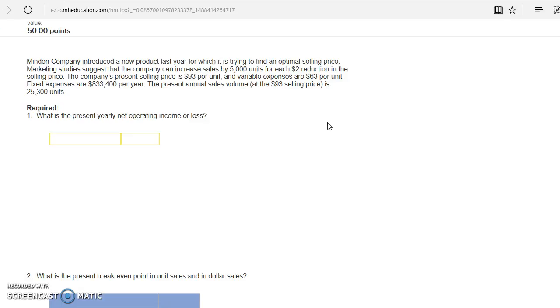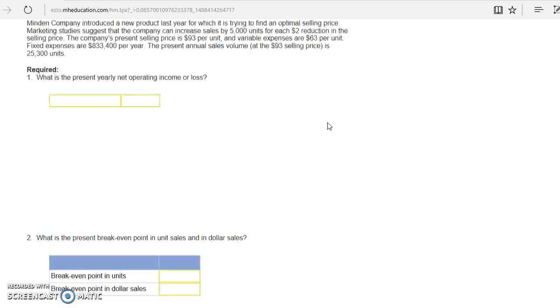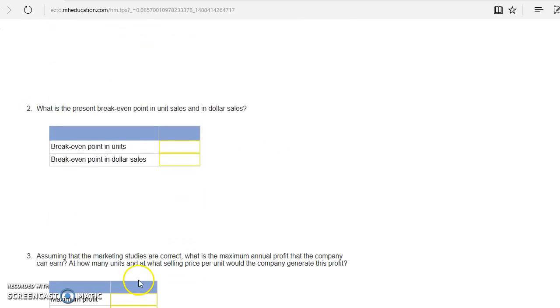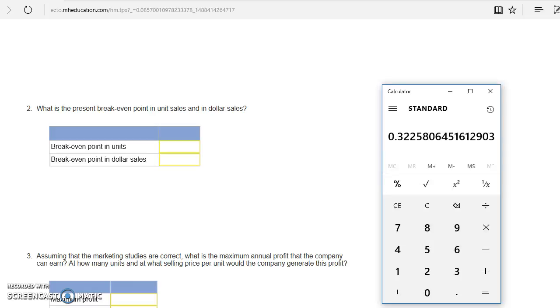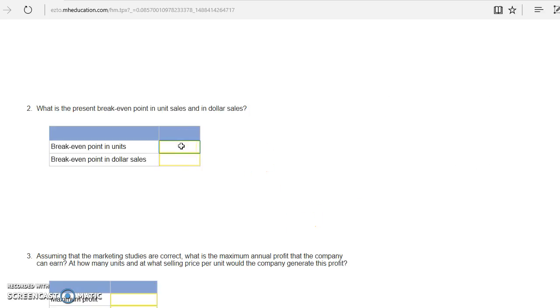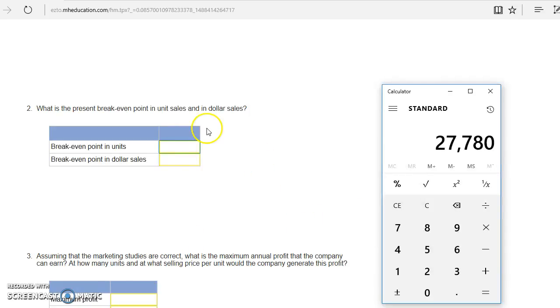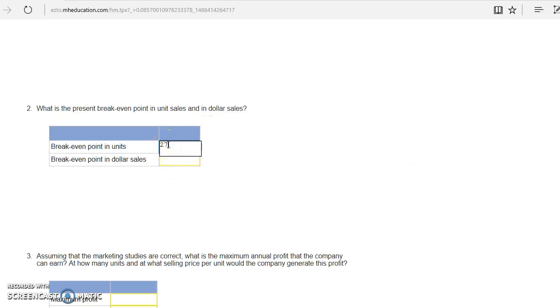That means only 30 of it can go towards my fixed costs. So I'm going to take my fixed costs of $833,400 and divide it by 30. That means I have to sell 27,780 units in order to break even.